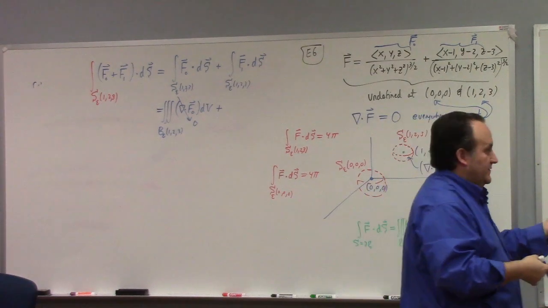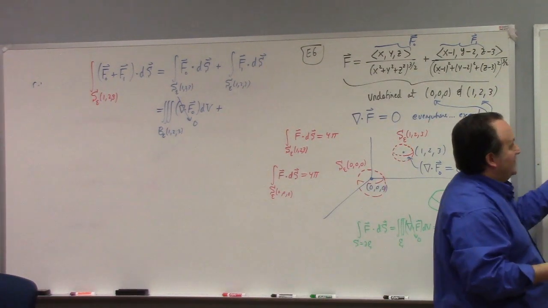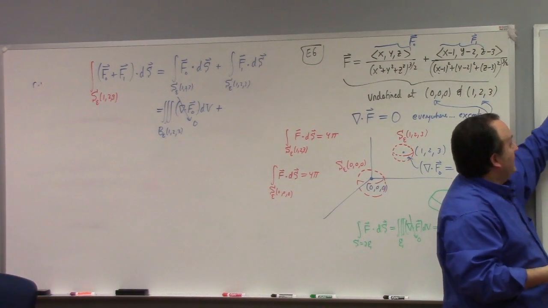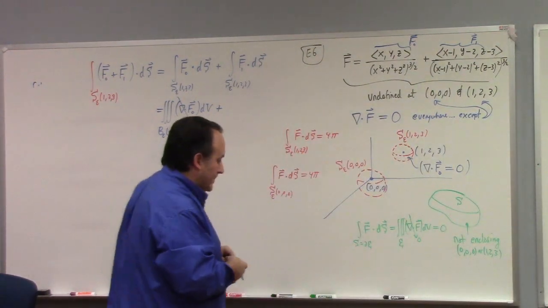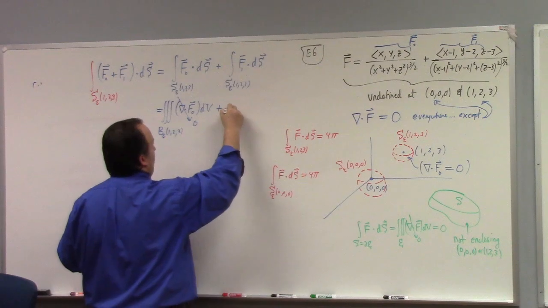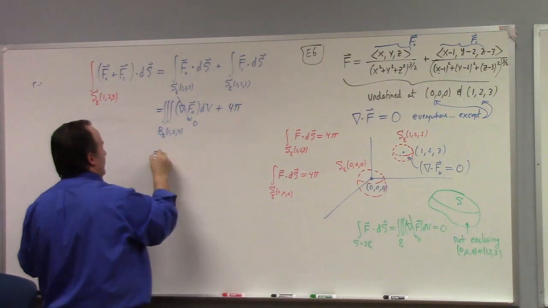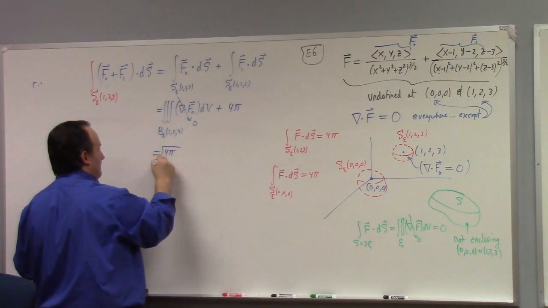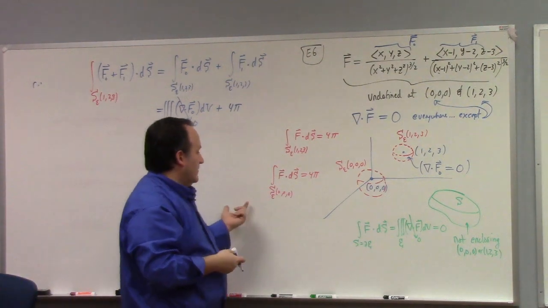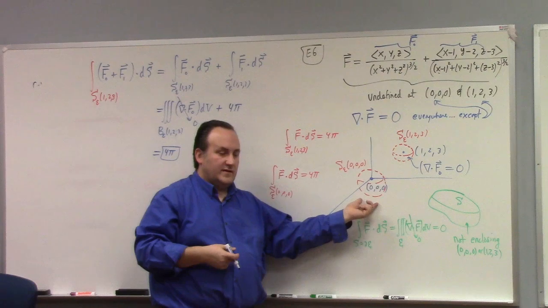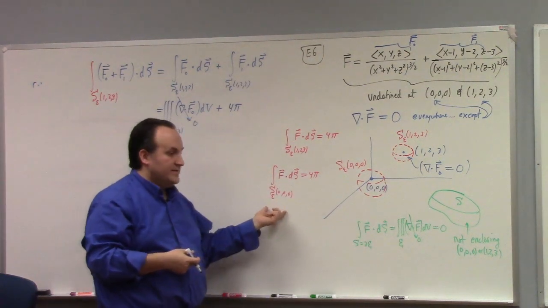So by the calculus in example 5, we already know that's going to work out to 4 pi. And by essentially the same argument, the integral around the little sphere that encloses the origin is also equal to 4 pi.